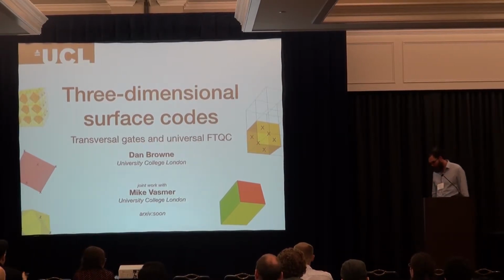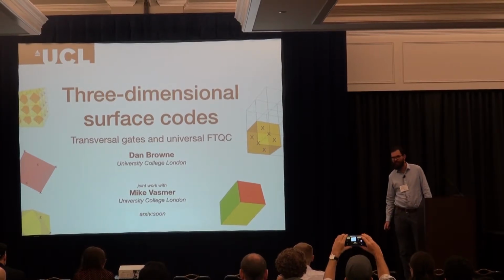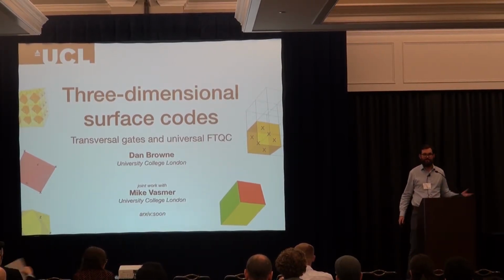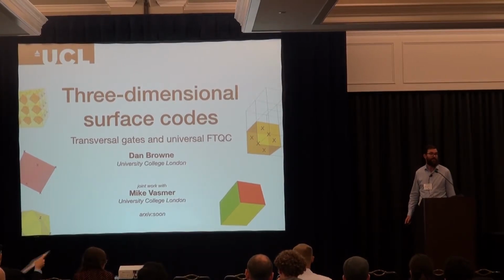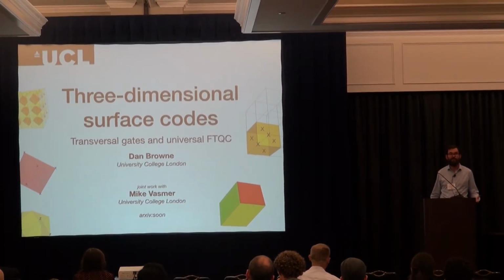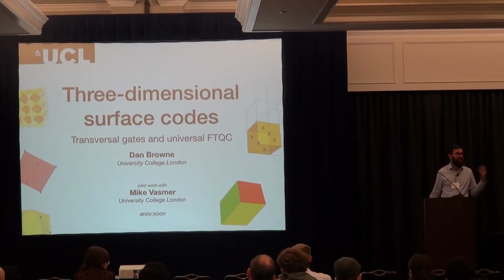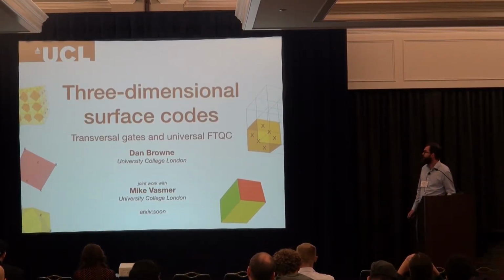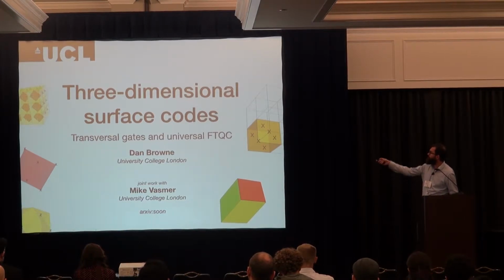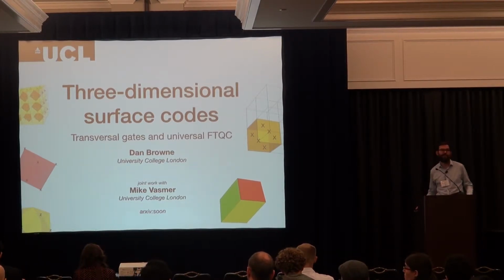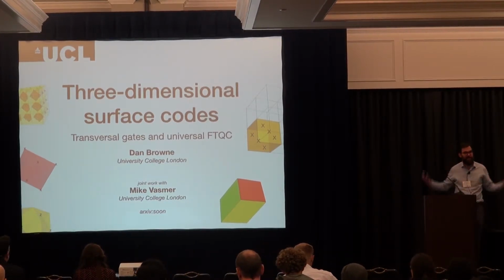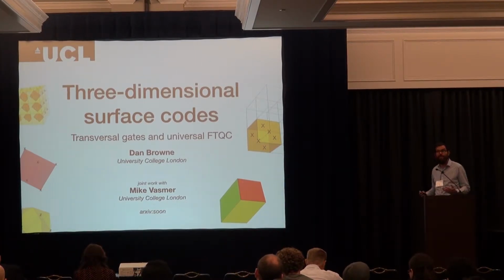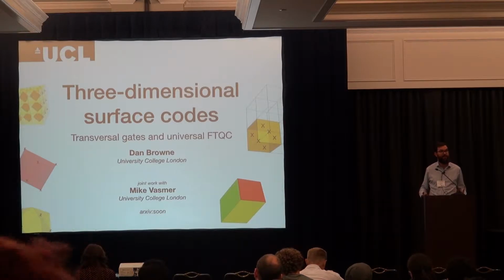So I'm going to talk about work with a motivation that's quite similar to Ted Yoder's talk yesterday, which was about transversal, universal gates on error-correcting codes. And what I'm going to show you today is that the three-dimensional surface code can be set up in a way such that we get a transversal set of universal gates.